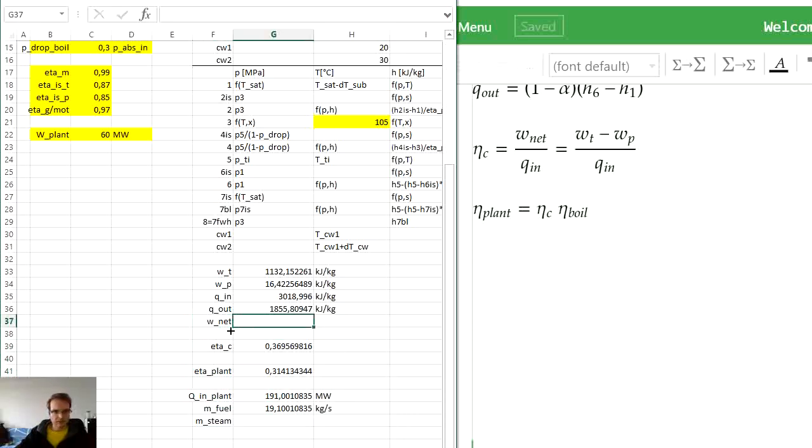W net is work of the turbine minus work of the pump in kilojoules per kilogram, and then we have 60 times 1000, so that we have 60,000 kilowatts, divided by W net in kilojoules per kilogram, and from that we get kilograms per second of our steam.